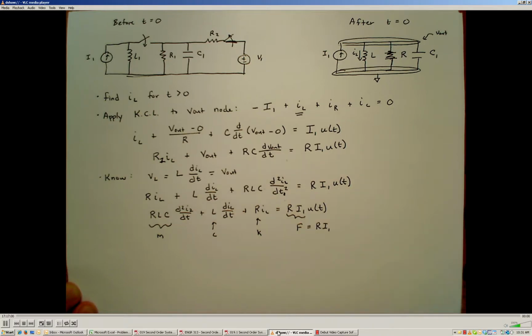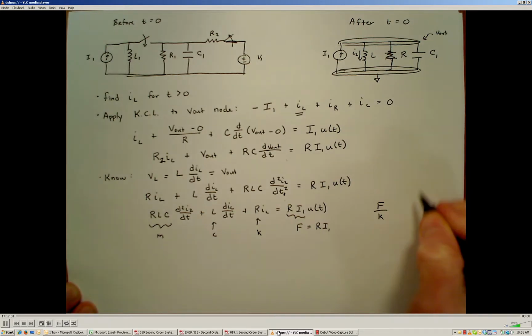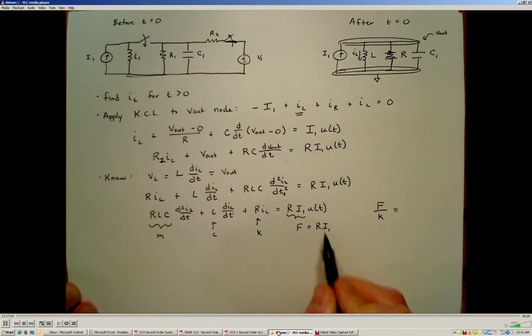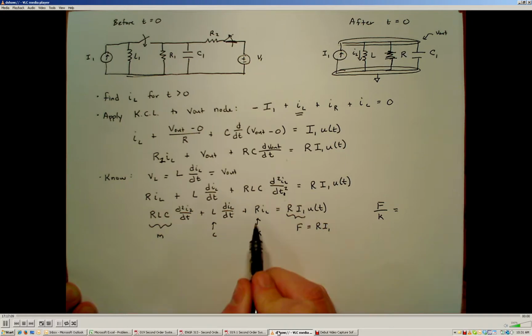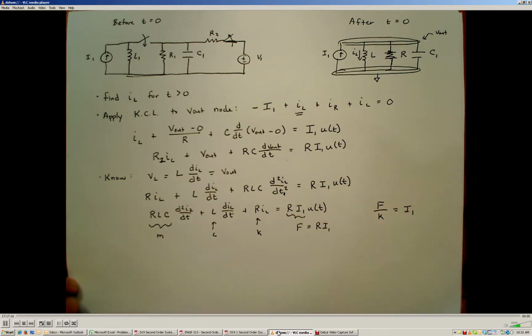And eventually I will need to know the value of the forcing function divided by the stiffness of the system, which will be RI divided by K, or F divided by K, which is RI divided by R, which is the same thing as the input value I1. Okay, now from this, I can also calculate my damping ratio.